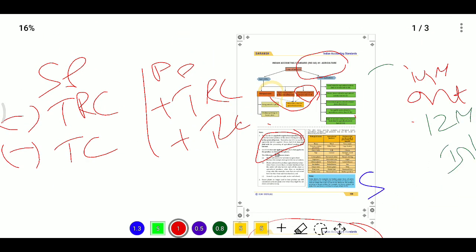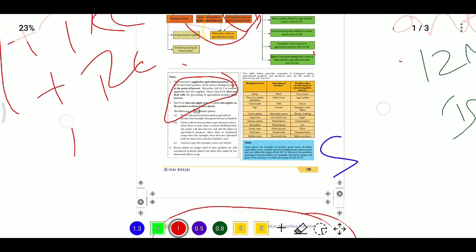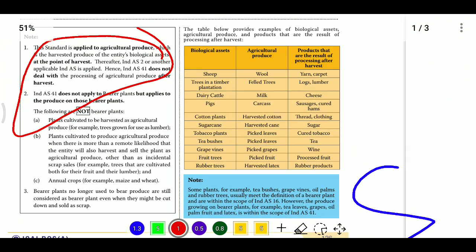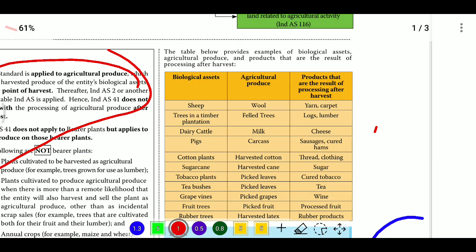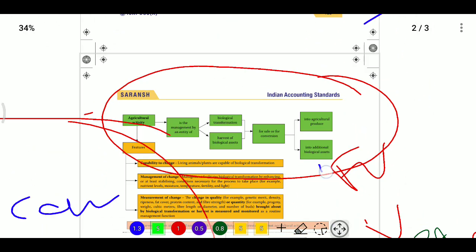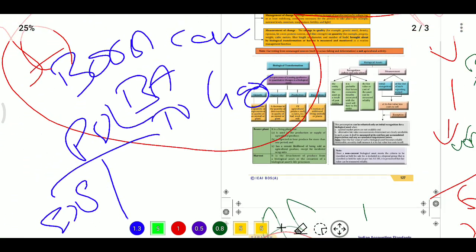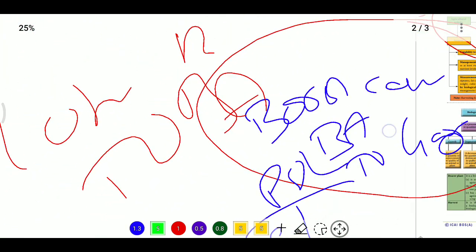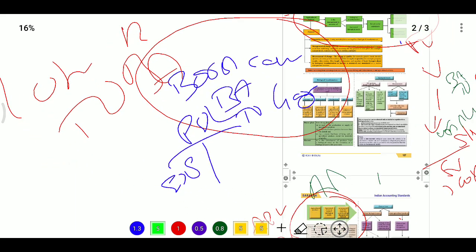At each reporting date we need to remeasure the fair value less cost to sell. If it increases, we add the gain to the biological asset. If it is a loss, we deduct the amount. If any asset is harvested, we need to recognize the income. If any death happens, we derecognize the amount to the extent of the proportionate amount.